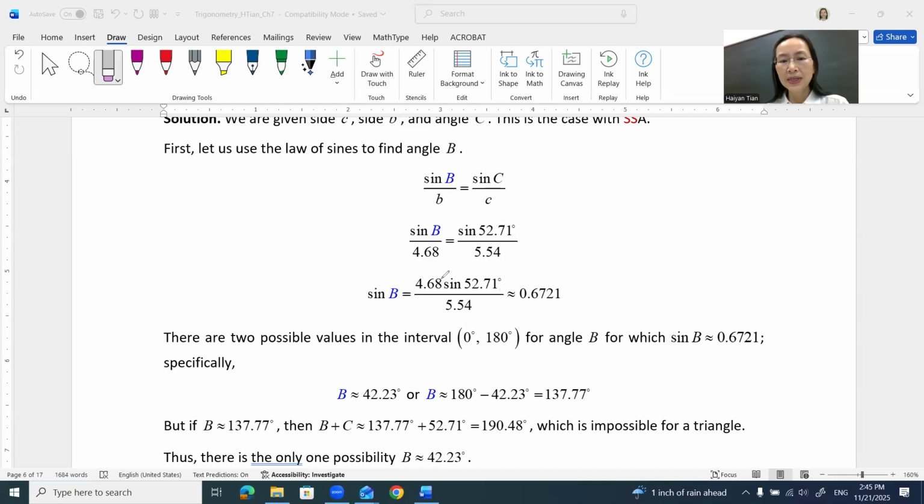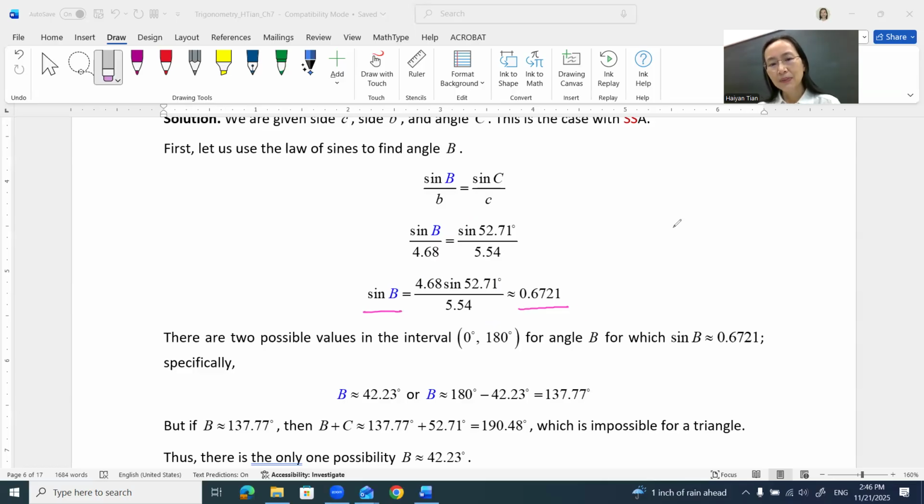After you do the calculation, and these are decimals and not special angles, you just use a calculator and then you get approximately 0.6721 if we keep 4 decimal places. So this B has sine value 0.6721.